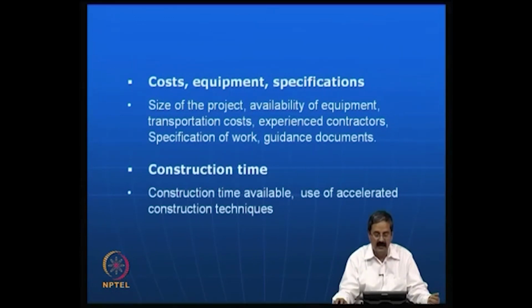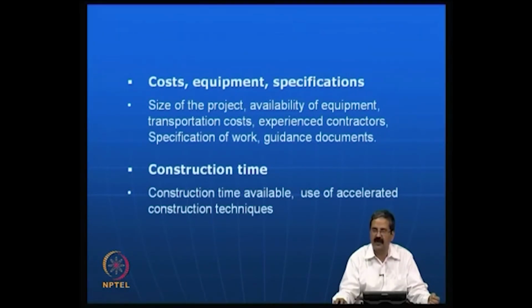Then availability of the equipment. In fact, this is a very important thing. Many of the ground improvement techniques need some sort of specialized equipment. For example, if you are making stone columns, you have to have equipment which can make holes into the ground, then compact them in situ. So, you need some good equipment, and the contractor will not come if the size of the project is too small.